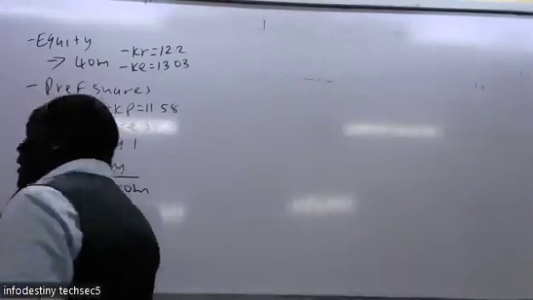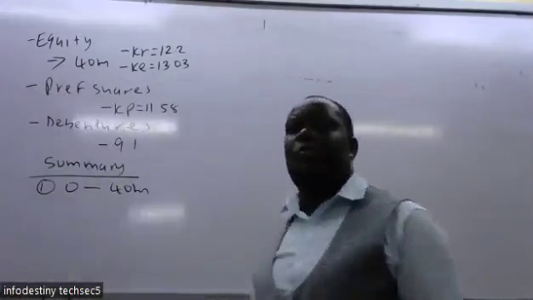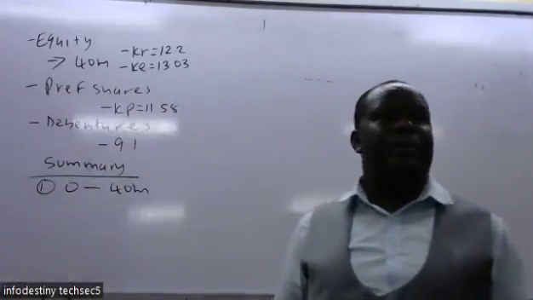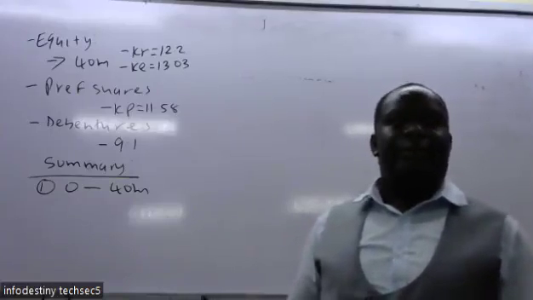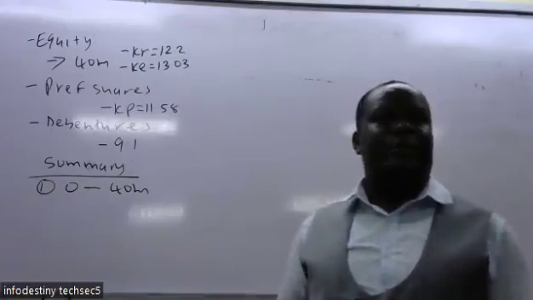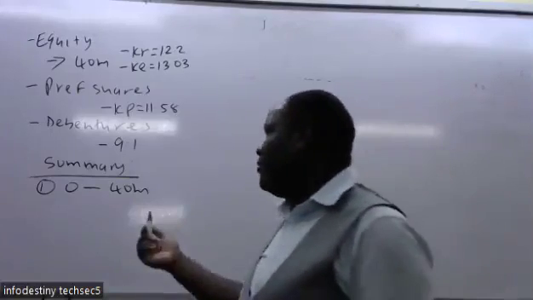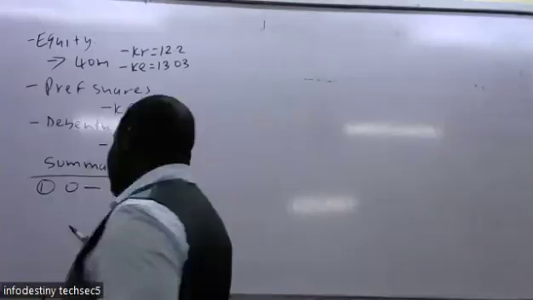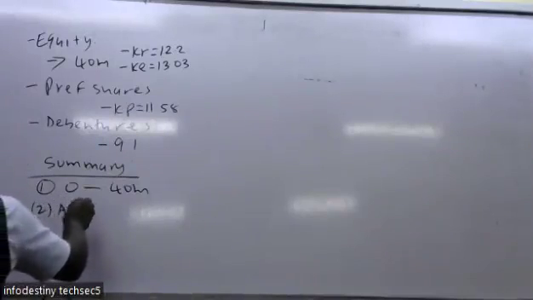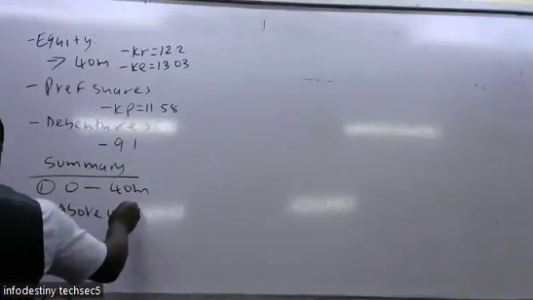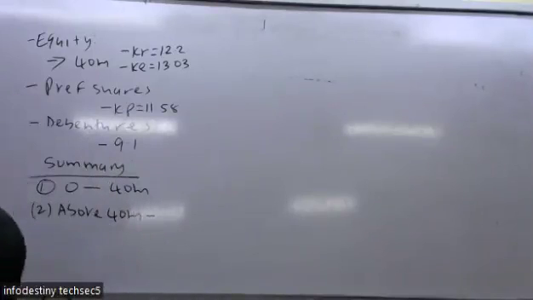That one breakpoint is now the one which is the lowest. So we start from 0 to 40 million. The second one will be now above 40 million to the next breakpoint, which is not there.